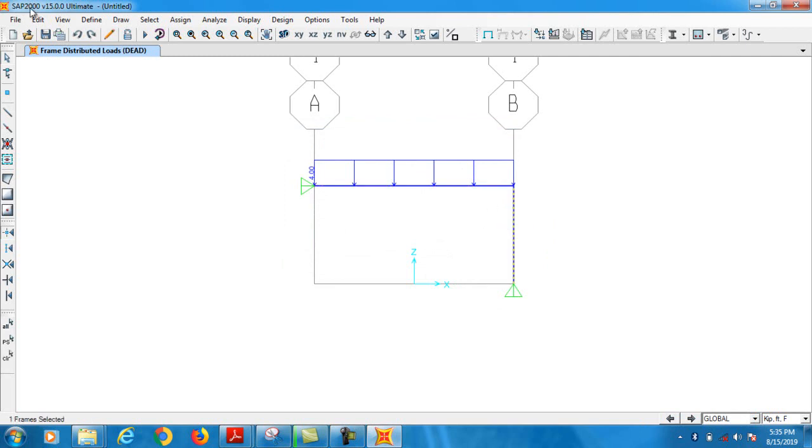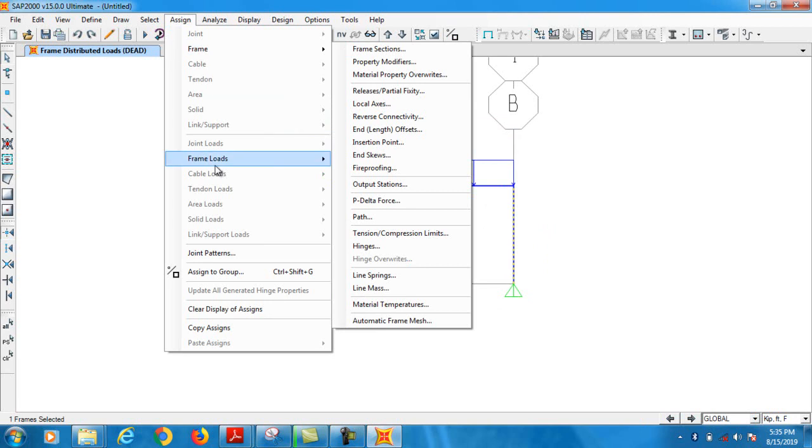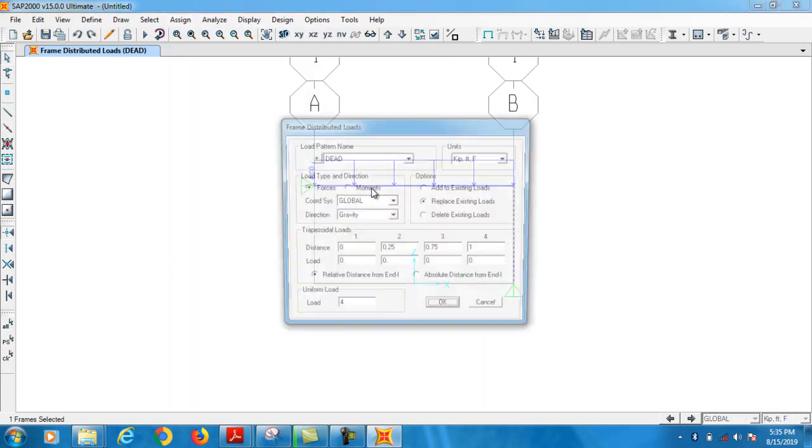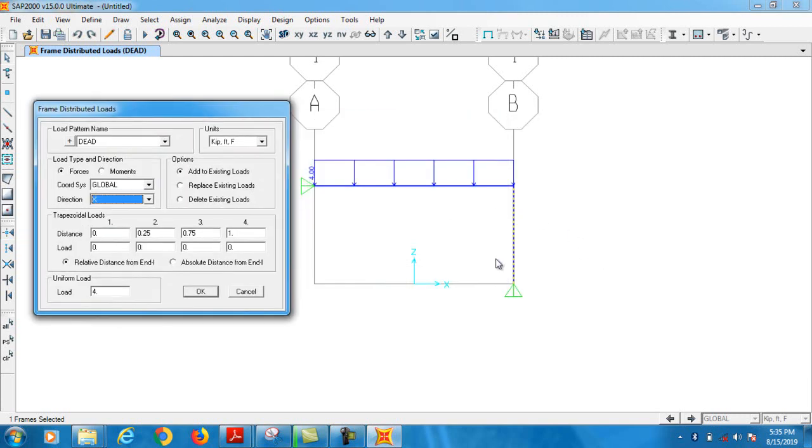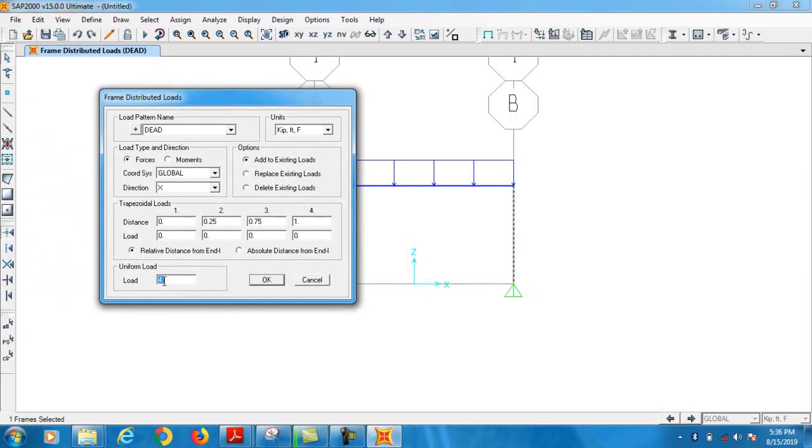Select this member, assign frame load, distributed, kip-feet, add to existing, global direction but not gravity. You have to apply the loading in the x direction. But your loading direction is opposite to the positive x direction, so insert a negative value, -2 kip per feet.